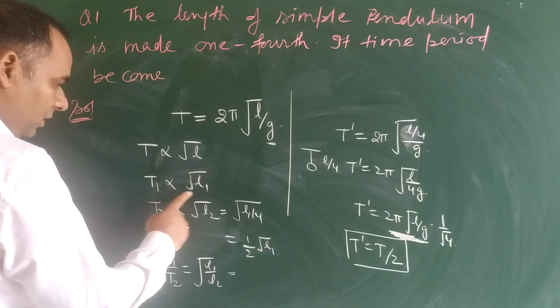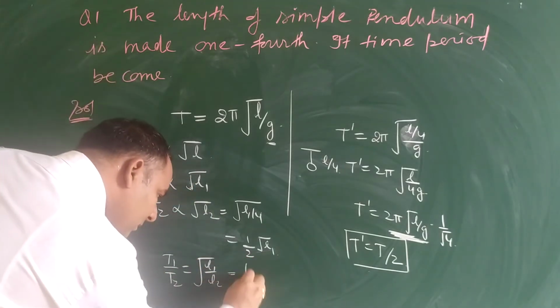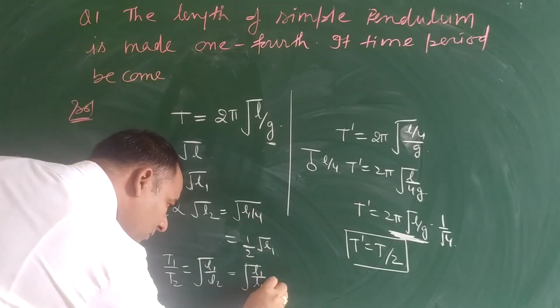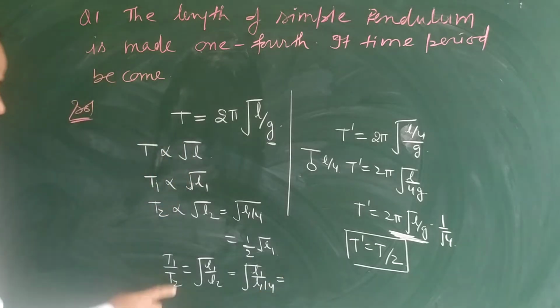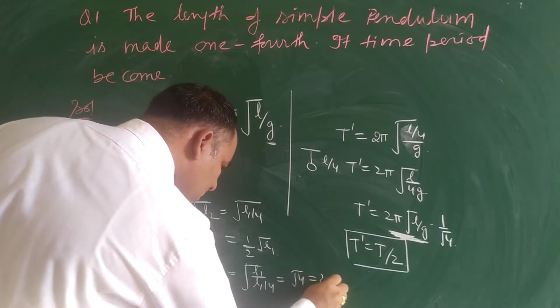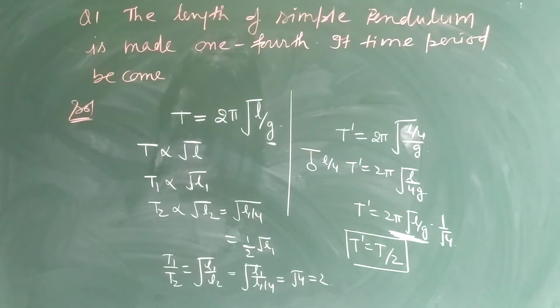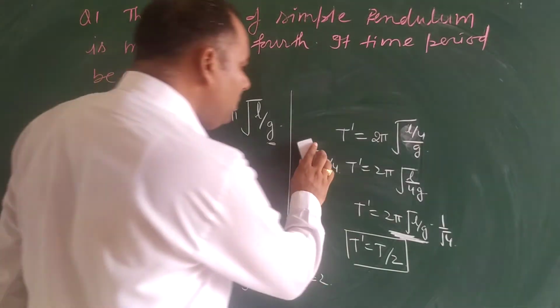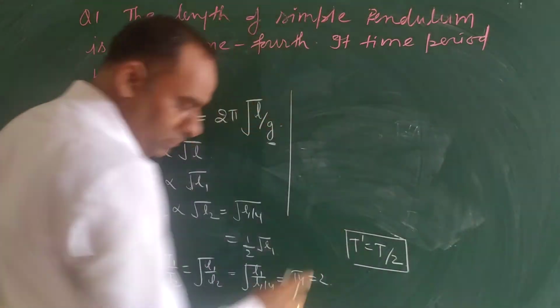So T1 upon T2 is under root of L1 upon L1 by 4, and this becomes under root 4, that is 2. Therefore T1 upon T2 is equal to 2.